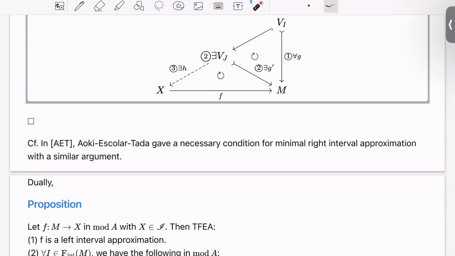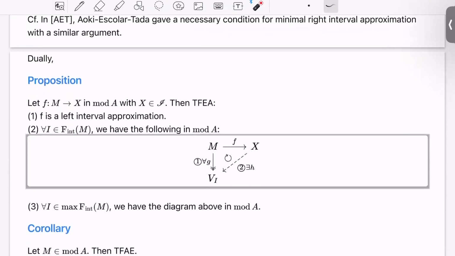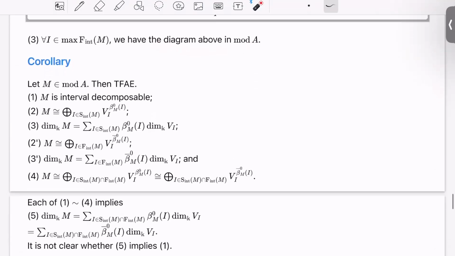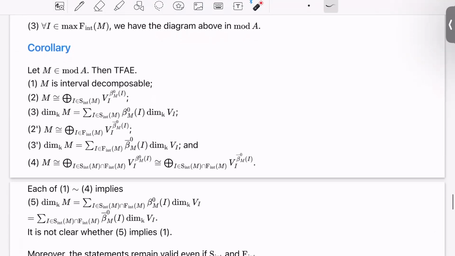Okay. A similar argument was used by Aoki and Escolar and Tada. They gave a necessary condition for a minimal right interval approximation with a similar argument. And dually, for the left interval approximation, we have a similar proposition. Then, as a corollary, we have the following. This is again a characterization of interval decomposable modules.